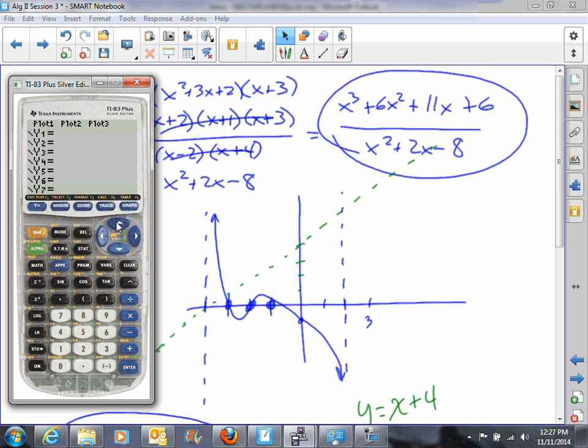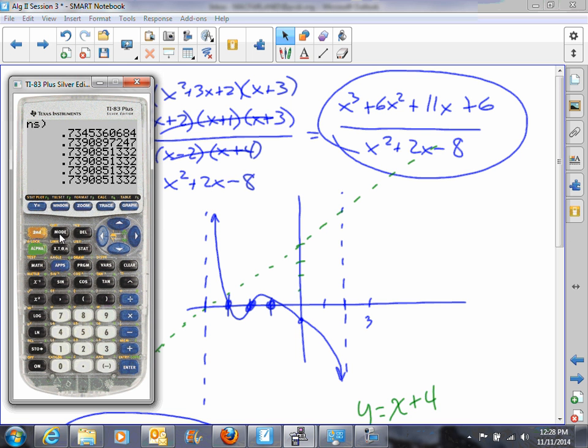So parentheses x cubed plus 6x squared plus 11x plus 6, close paren on the numerator, divide, open paren on the denominator, x squared plus 2x minus 8, close paren, second quit.